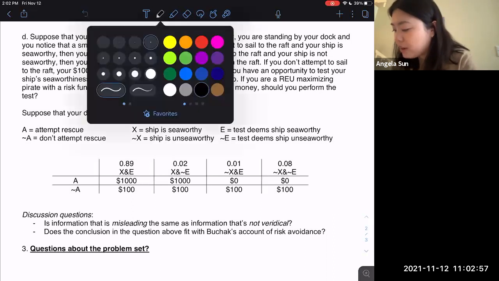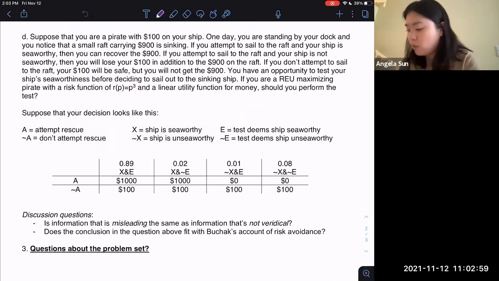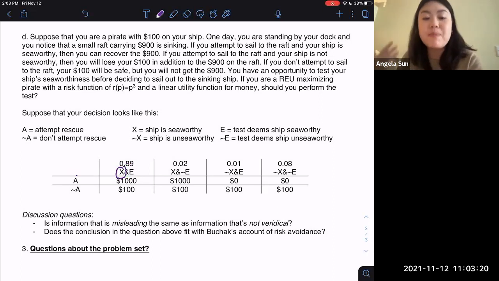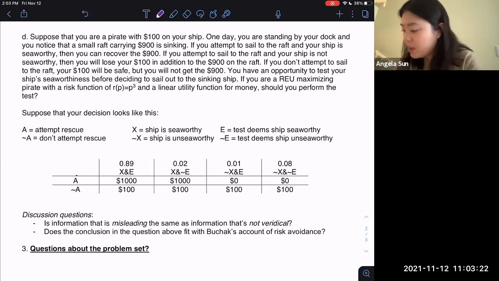So I just want to start out by explaining what's going on in this table. Here we have two actions, either attempt to go out to the raft or not to go out to the raft. And here we have various combinations of X and E. X represents the fact that the ship is in fact seaworthy, whereas not X would mean that the ship is not in fact seaworthy.